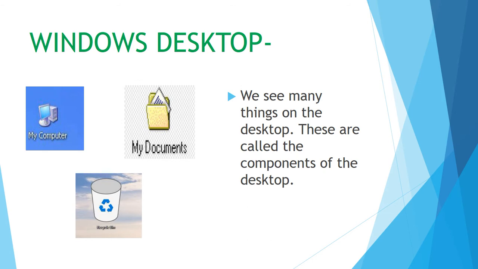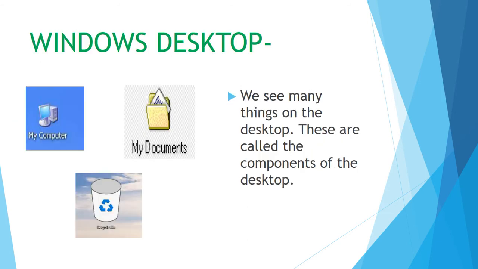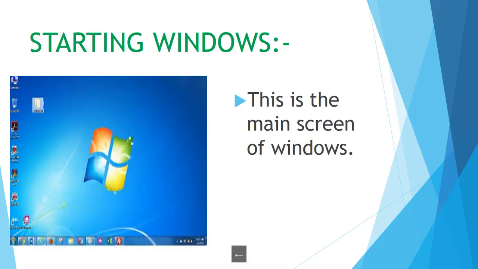Next is Windows Desktop. We see many things on the desktop. These are called the components of the desktop. There are some small pictures to the left of the screen.